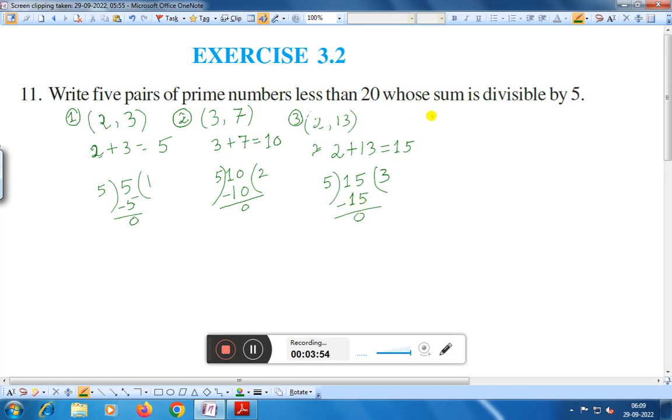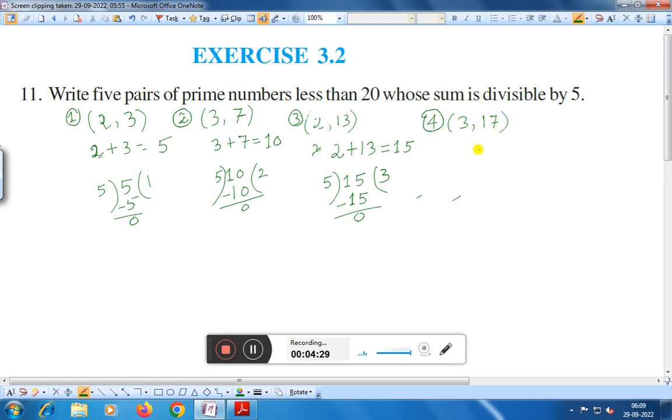Now if we take fourth pair, suppose we have taken the fourth pair as 3 and 17.